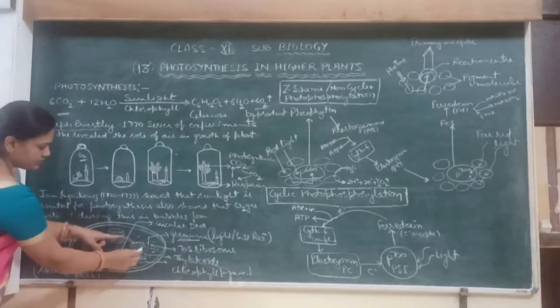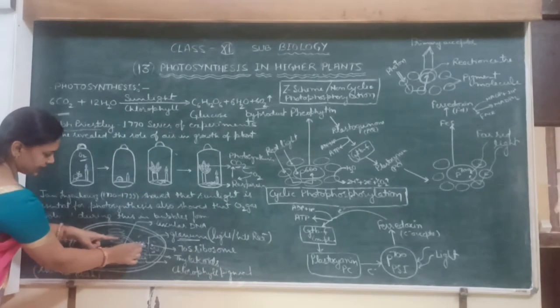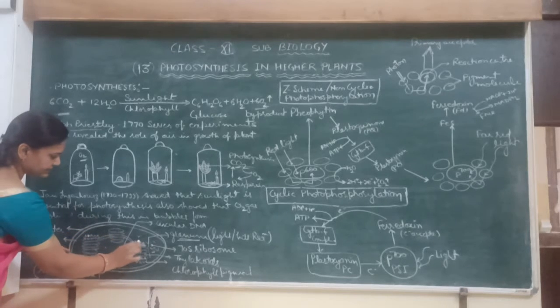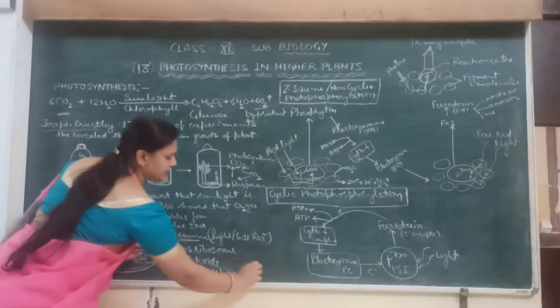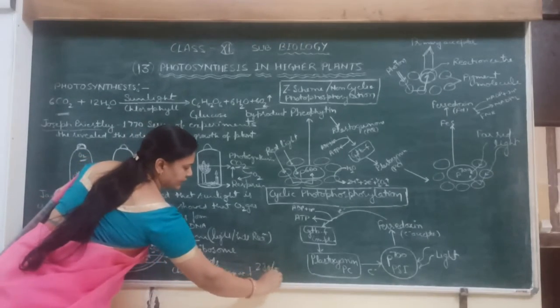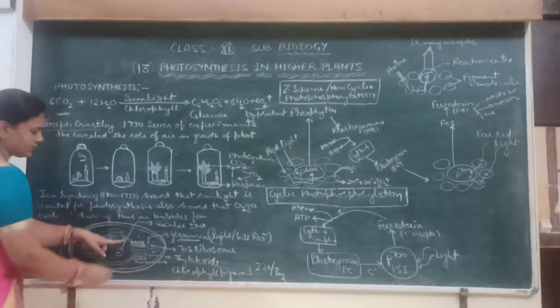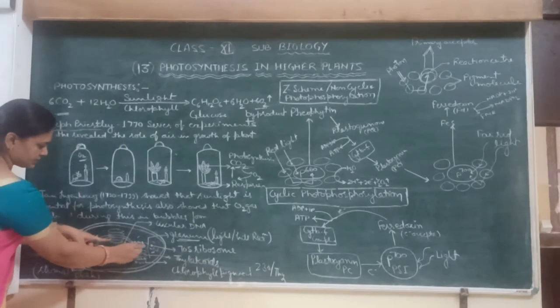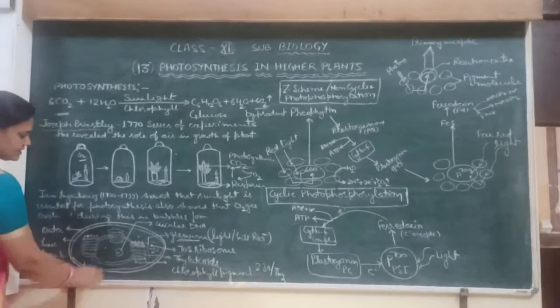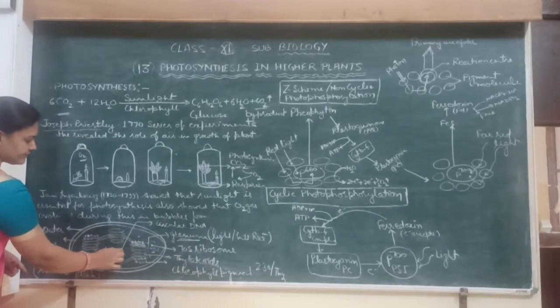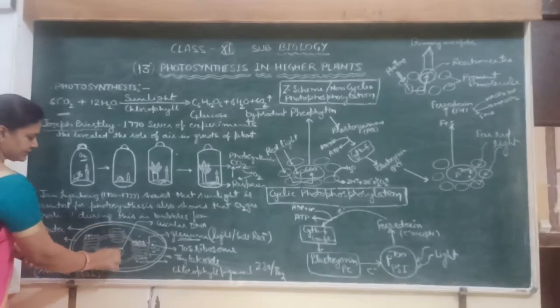Now these are the thylakoids, and on the thylakoid surface the green pigment, chlorophyll pigments, are present. Approximately 230 chlorophyll pigments per thylakoid are present, and 70S type ribosomes are also present, and a circular DNA is present in the chloroplast.